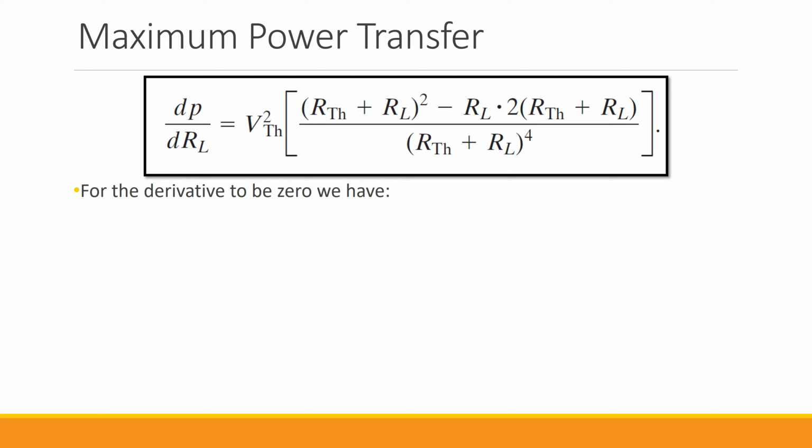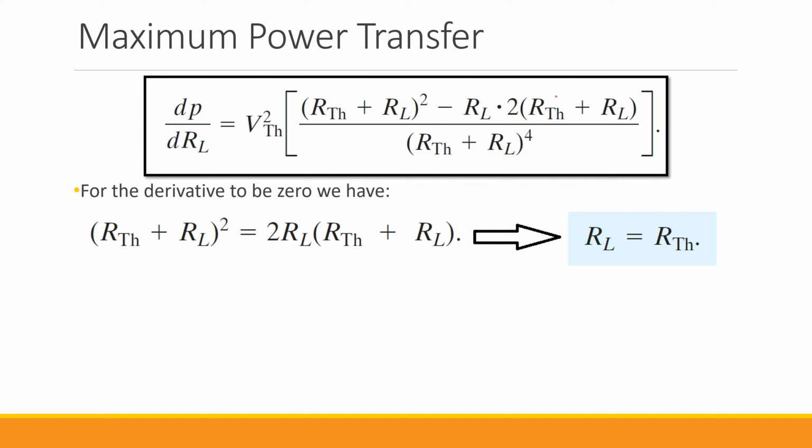So now what we need to do is make this derivative equal to 0. In order to have that, the numerator needs to be 0, or RTH plus RL squared needs to be equal to RL multiplied by 2 multiplied by RTH plus RL. As I said, there are two cases for this. We can have RL be negative RTH, which is a pointless case for us because we don't have negative resistors here.